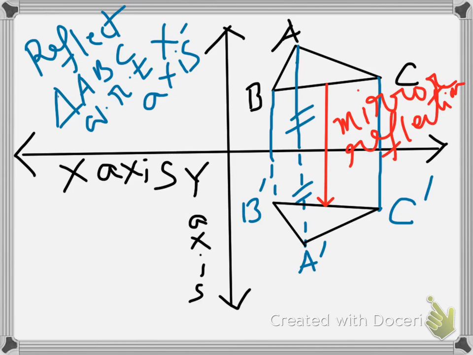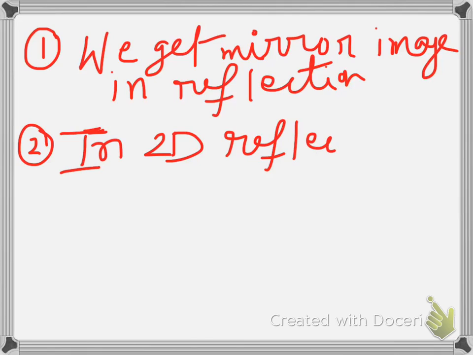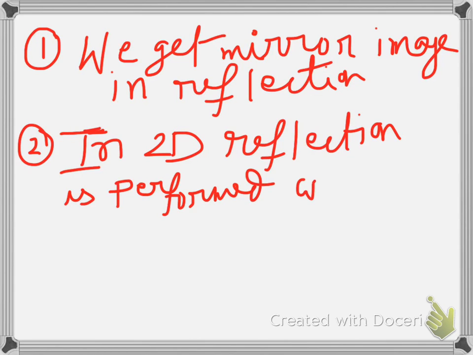Once again, the x-axis itself is a line. So we can conclude that in 2 dimensions, reflection is performed with respect to some line.